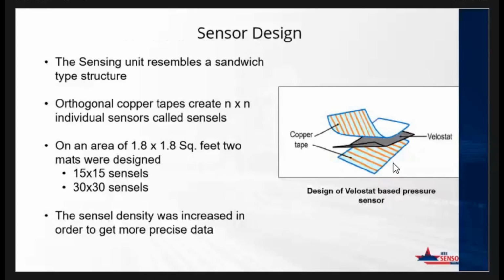For analysis, if we run the copper vertically and horizontally, we make a pixel-like structure, which we call sensors. We can try fewer sensors, or more sensors to get a good image.